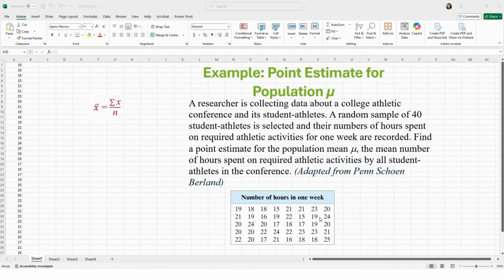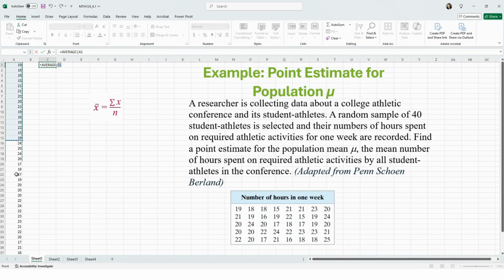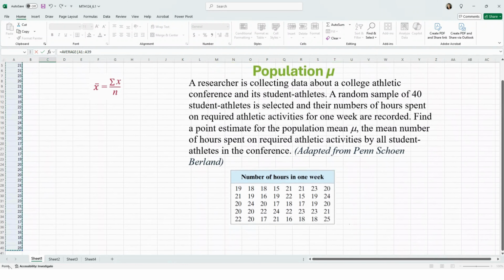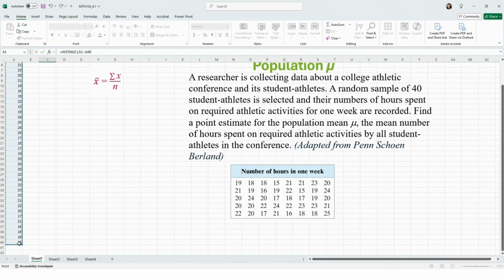That means we have to get the total of the data points and divide by the number of data points. Here, I converted this data into one column. Then we can easily find the mean of the sample using Excel. I will type the built-in average function, double click it, then give the entire data set. I will highlight it and press enter.